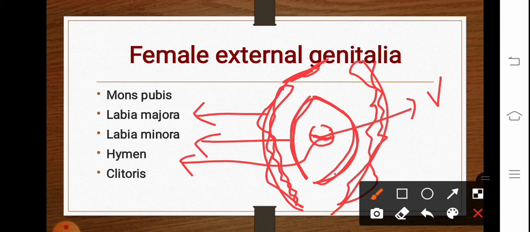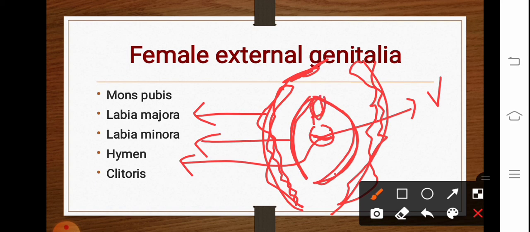Clear? During intercourse what happens? It usually breaks. And it is believed that the presence of hymen is an indication of virginity. And the last one is the clitoris. The clitoris is a finger-like structure present at the upper junction of the labia minora.